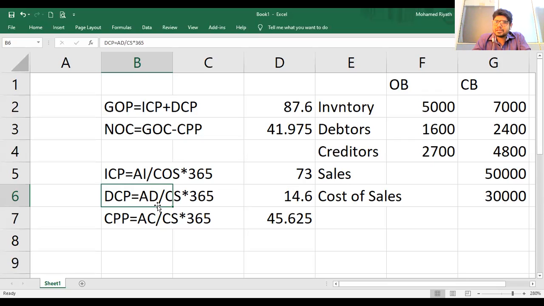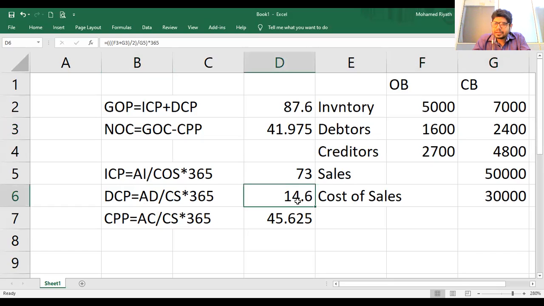If you make every sale on a cash basis, you couldn't find this balance. Then the numerator, average debtors, equals 0, and your answer ultimately equals 0.